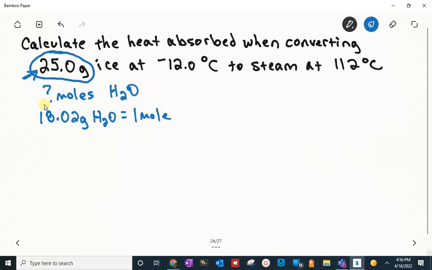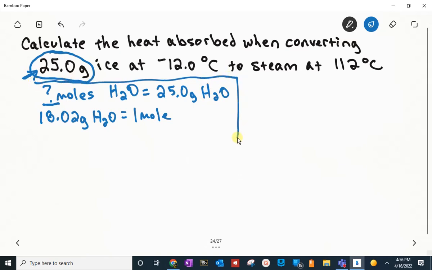So our question mark, how many moles of H2O when you have 25.0 grams of H2O, this is going to be our data table. And we count everything to make sure it's mentioned twice. So we have moles of H2O, moles of H2O.